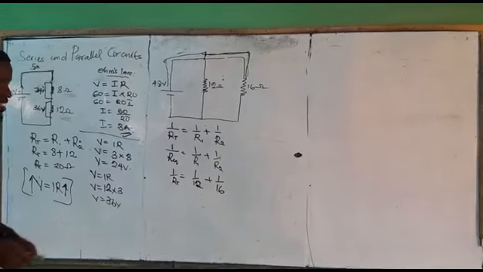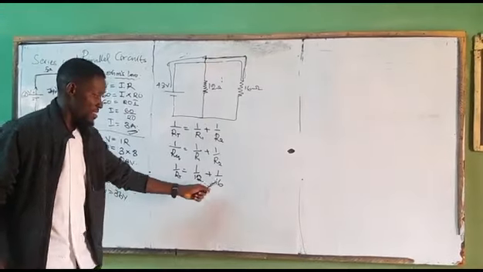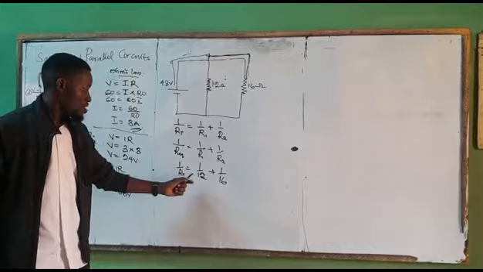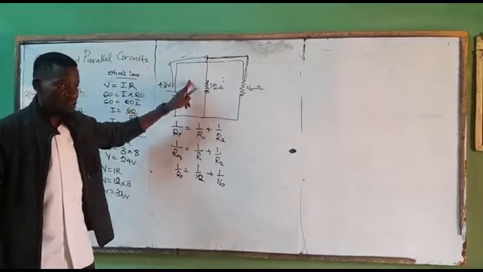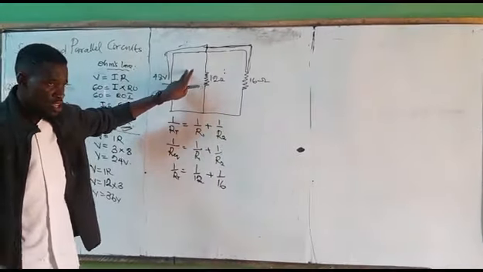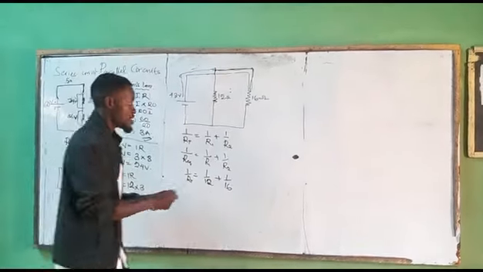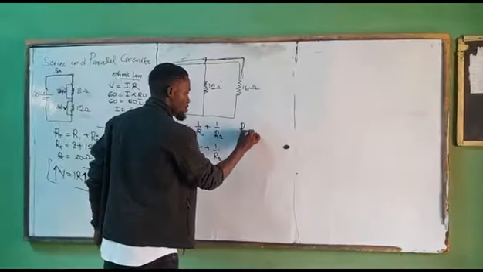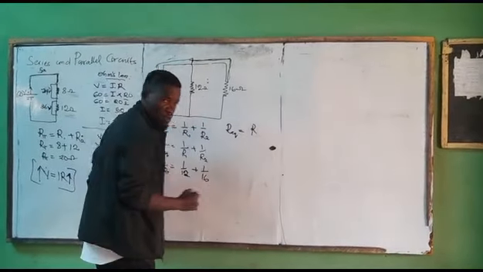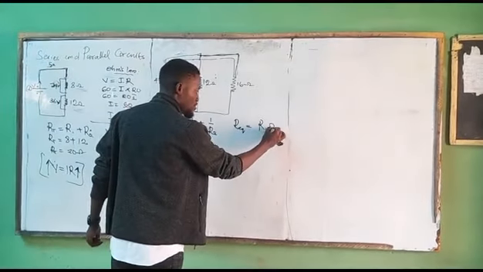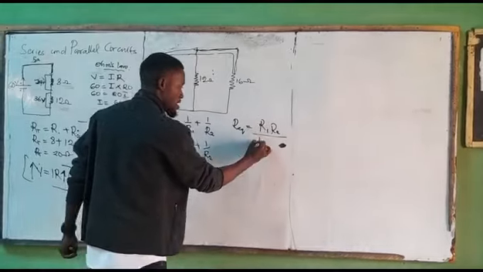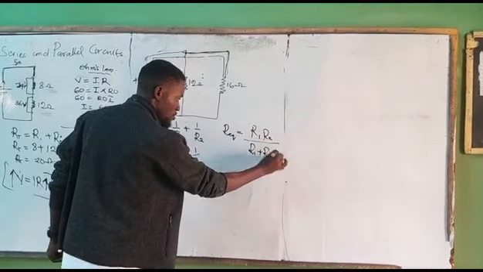So you can go ahead and find your LCM of 12 and 16. But there is also another formula we can use to calculate total resistance when we have 2 resistors. Okay? When we have 2 resistors, our R eq equals the product of the resistances, R1 times R2, over the sum of the resistances, R1 plus R2.